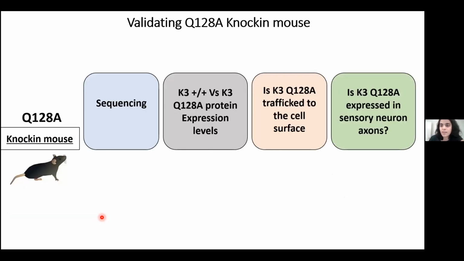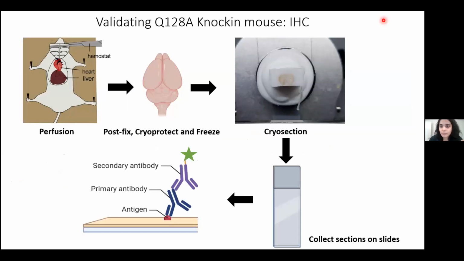And the last validation was to make sure that KIRL3 is expressed along the sensory neuron axons using immunohistochemistry. So in this technique, you perfuse mice. So perfusion is essentially you flush PBS through the blood vessels and you drain out the blood. So you pull out the cap on the right atrium and flush PBS through the left ventricle, and the liver turns pale.